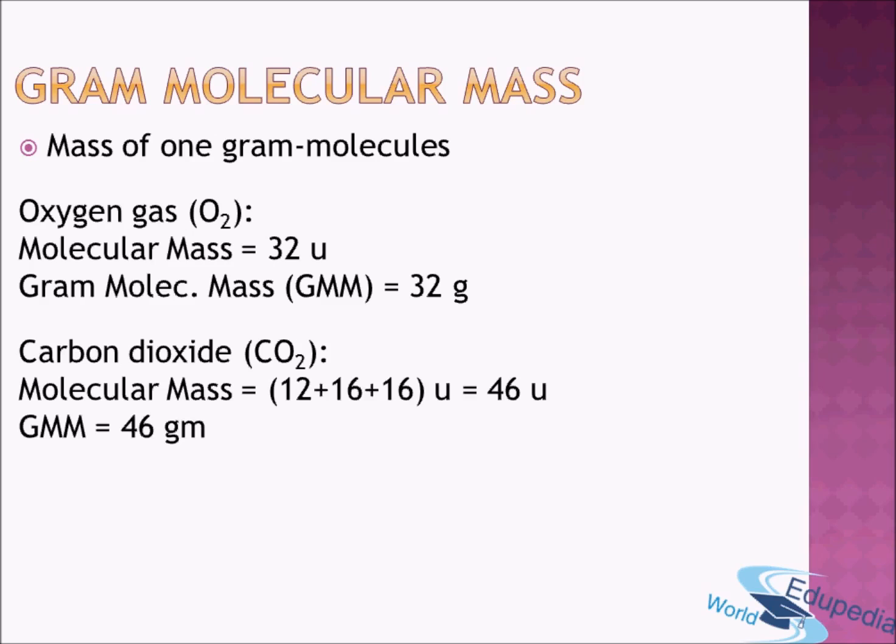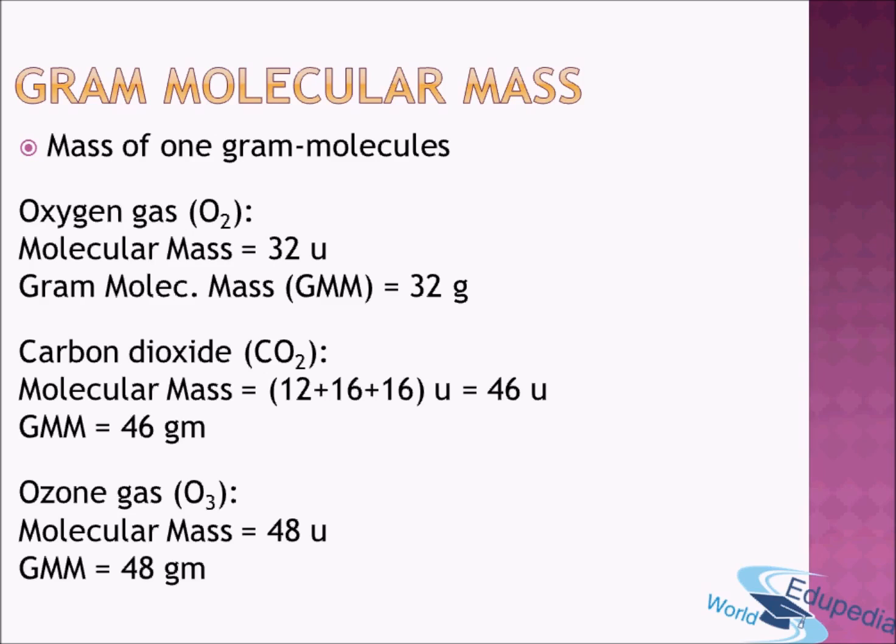Again, ozone gas is nothing but 3 oxygen atoms combined together. It is O3. So it has a molecular mass of 16 plus 16 plus 16, that is 48 U. Hence its gram molecular mass will be 48 gram.